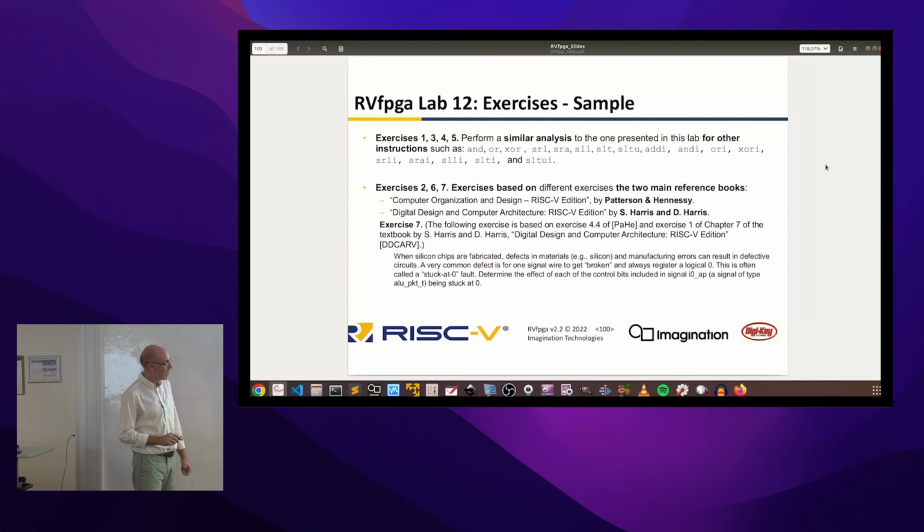So we've adapted this exercise to analyze the effect of control bits included in a signal from SweRV EH1 being stuck at 0. You have to analyze those signals and say what would happen in our processor in case we had this fault. Similarly, other exercises are adapted to our case. Just a sample of the exercises included in this lab.